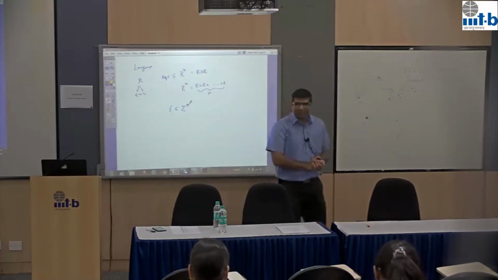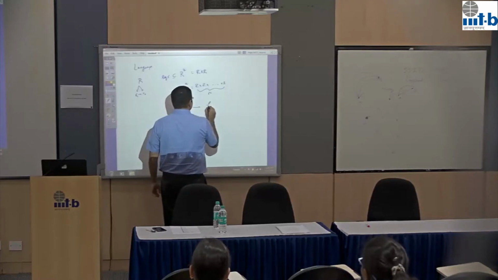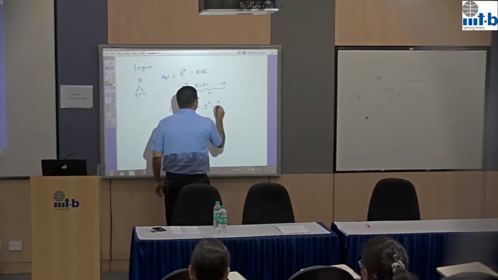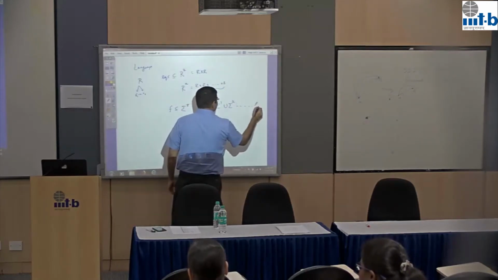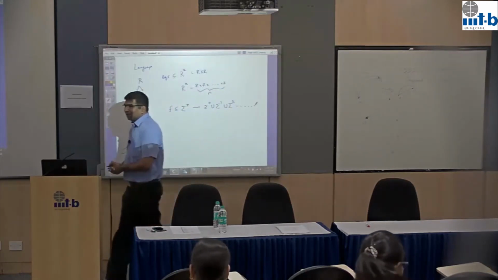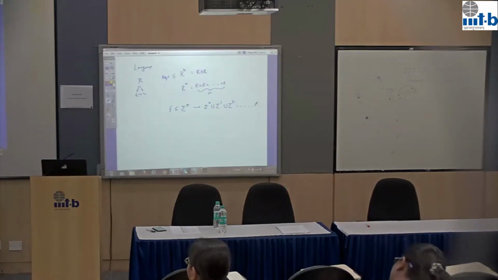So what is sigma star? Sigma star is sigma to 0 union sigma to 1 and so on forever. That is, it is the set of all strings you can generate from elements of a given set.